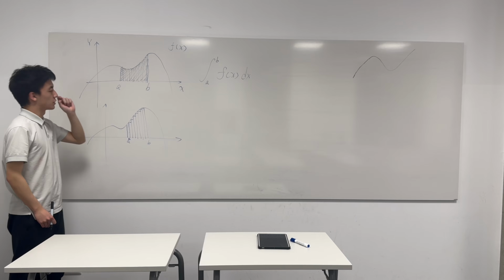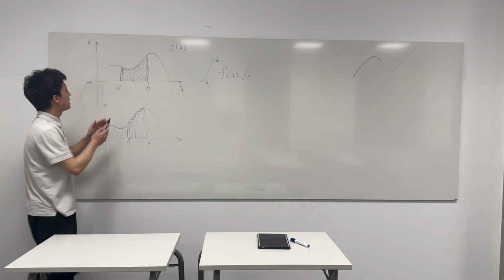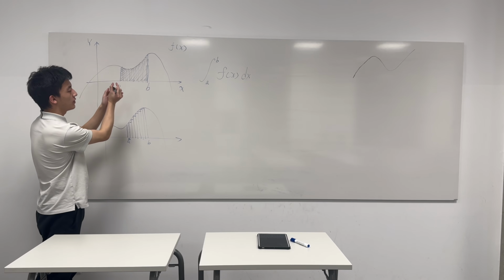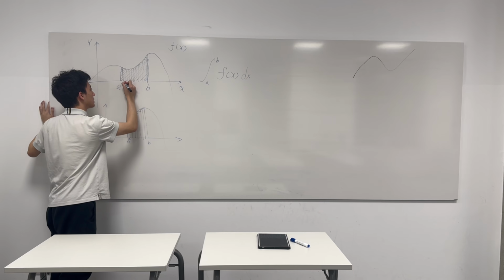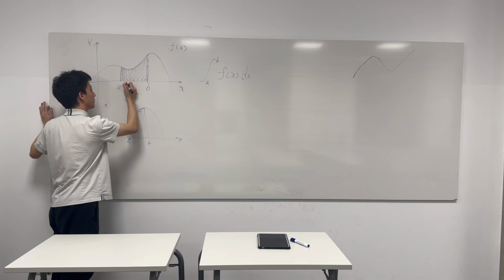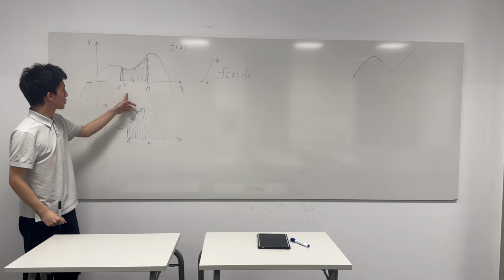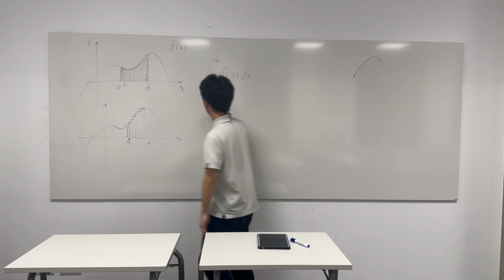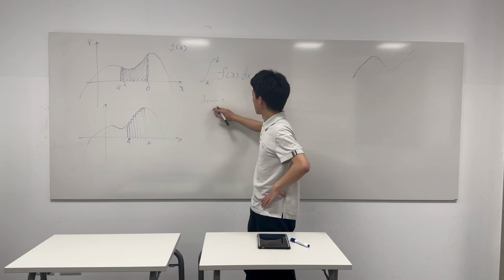However, it's pretty close. So the only thing we have to do is make the width of the rectangle smaller. If we say the width of the rectangle is dx, we are making dx smaller, approaching 0.